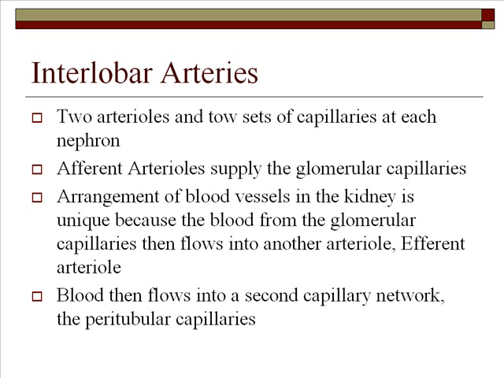The arrangement of blood supply in the kidneys is unique because the blood from the glomerular capillaries flows into another arteriole. This is referred to as the efferent arteriole, and so afferent arterioles will bring blood into the glomerulus and efferent arterioles will carry it out. This will be important, as we'll describe later, for the effective functioning of the kidneys and their ability to sense pressure in the body or in the system.